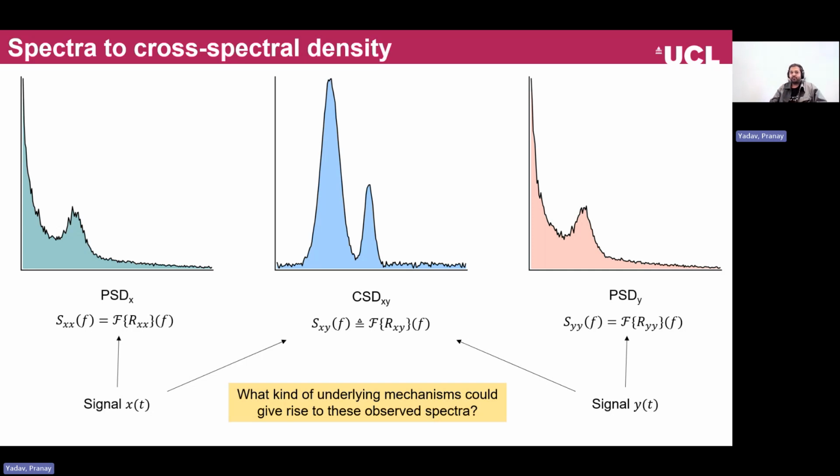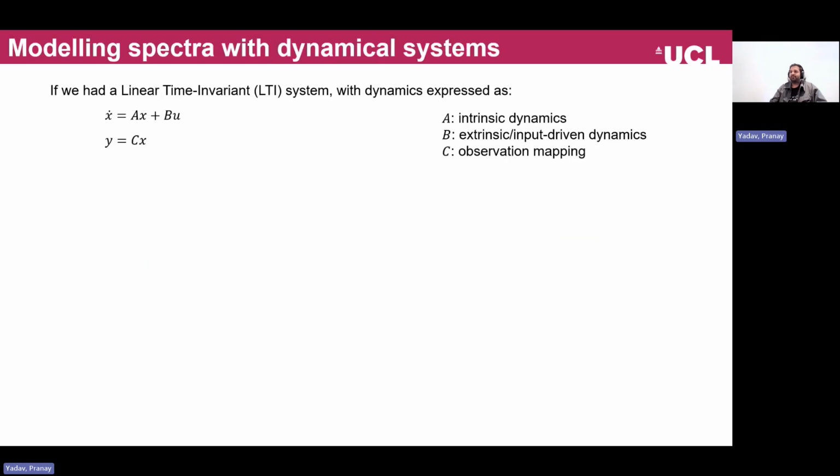We can start off with a simpler case where we have a linear time invariant system whose dynamics are expressed as these two equations. The first equation, x dot, is the rate of change of x, so dx by dt. This is a compact representation: x dot is a linear combination of Ax plus Bu. So x is the current state, u is an external input, and A and B capture the dynamics.